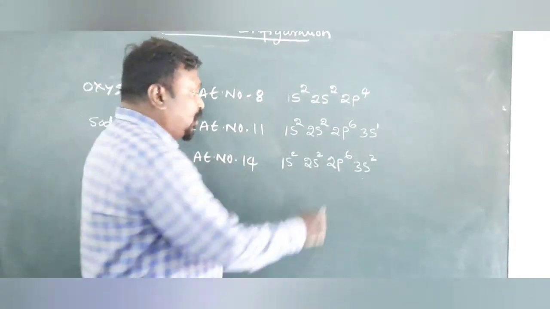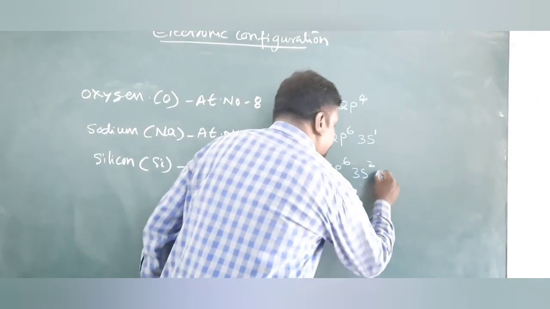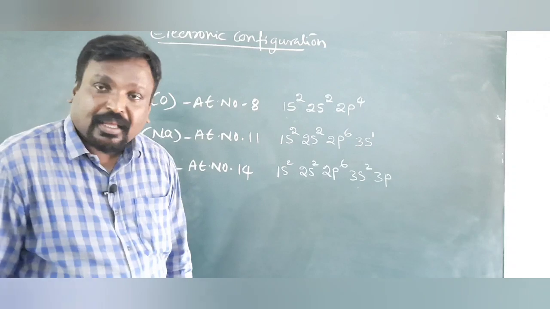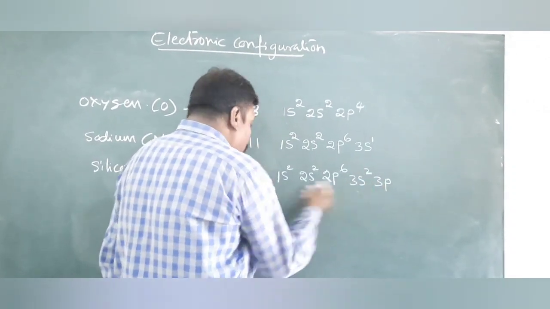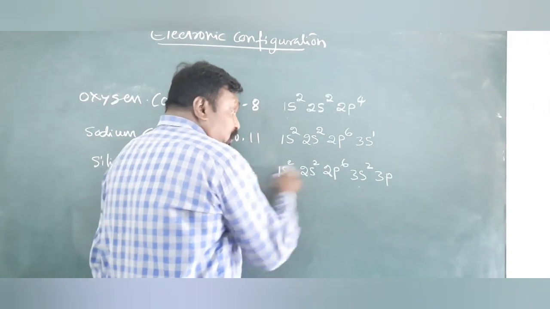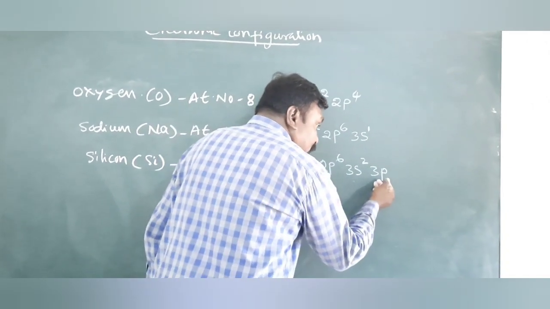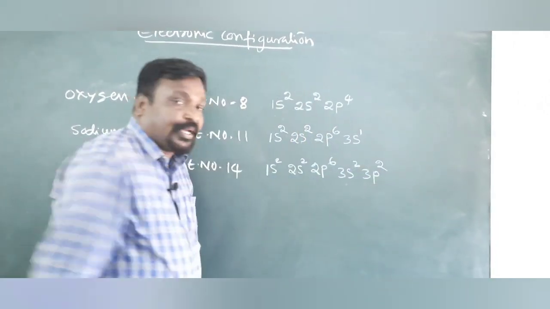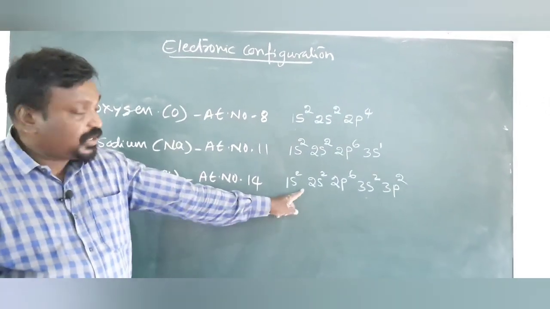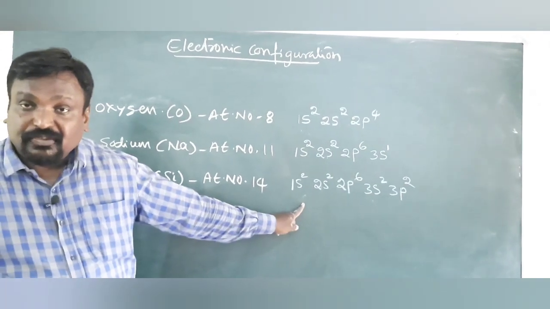Where do they go? Next one is 3p. Of course 3p can have 6 electrons, but 2 electrons are left behind. We have enough space here, so the remaining 2 electrons go to the p orbital. So this is the electronic configuration of silicon.